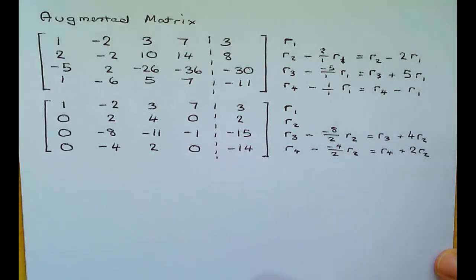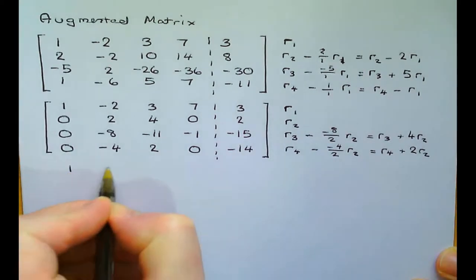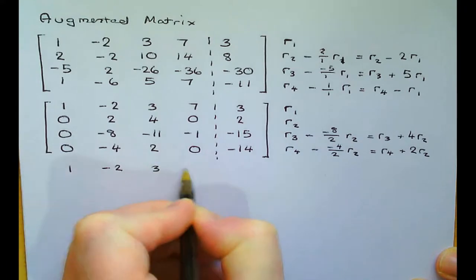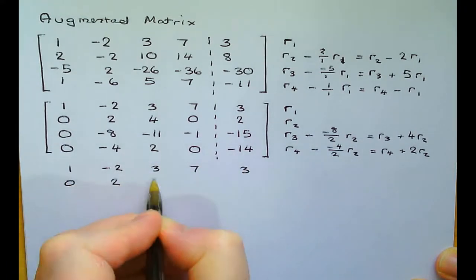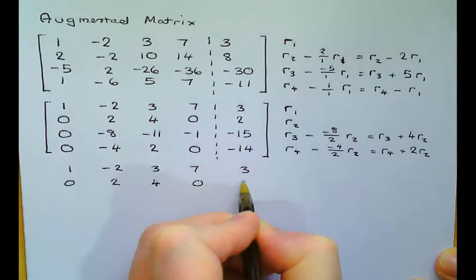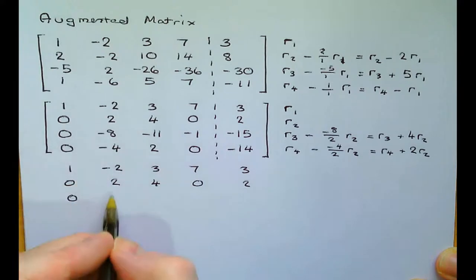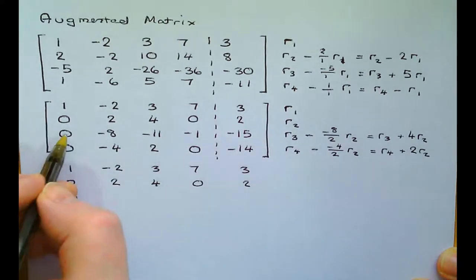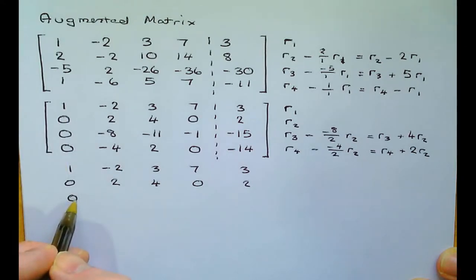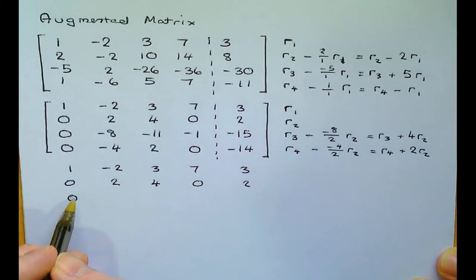So let's carry out those row operations. First two rows stay the same. So we have row 3 plus 4 row 2. It gives us a 0 here, as in we don't destroy this 0.